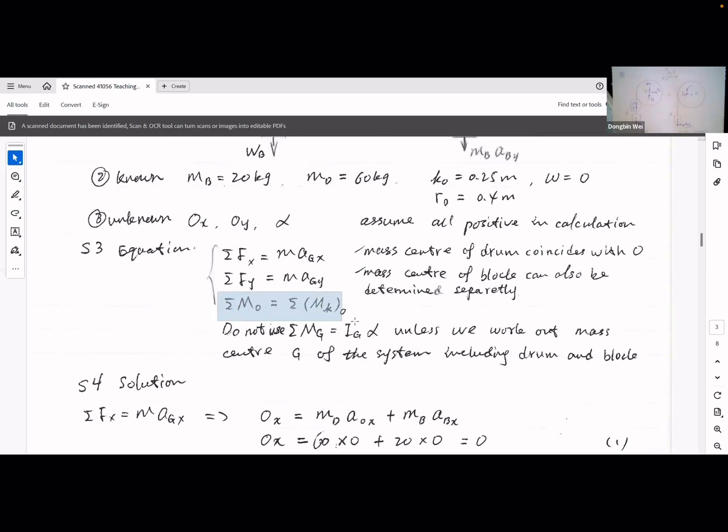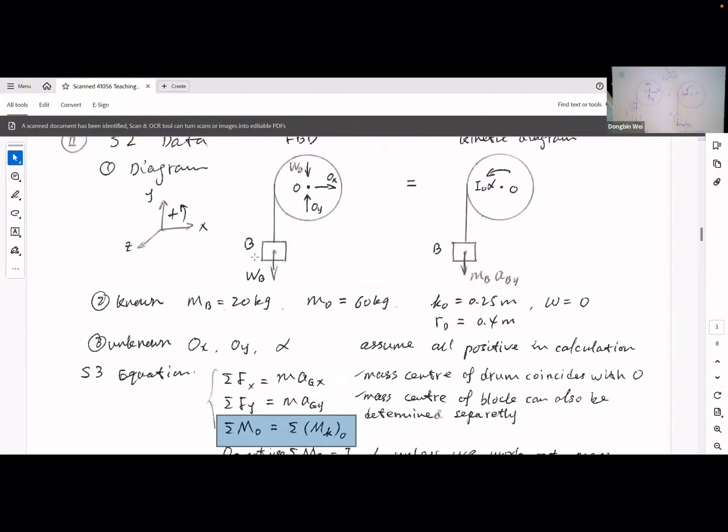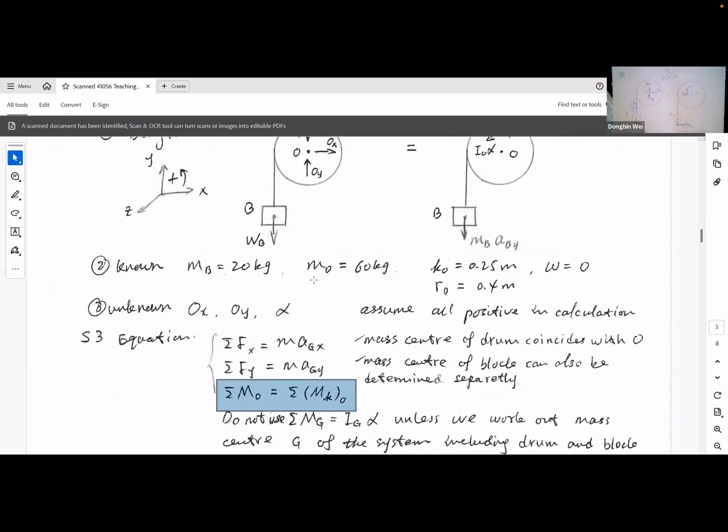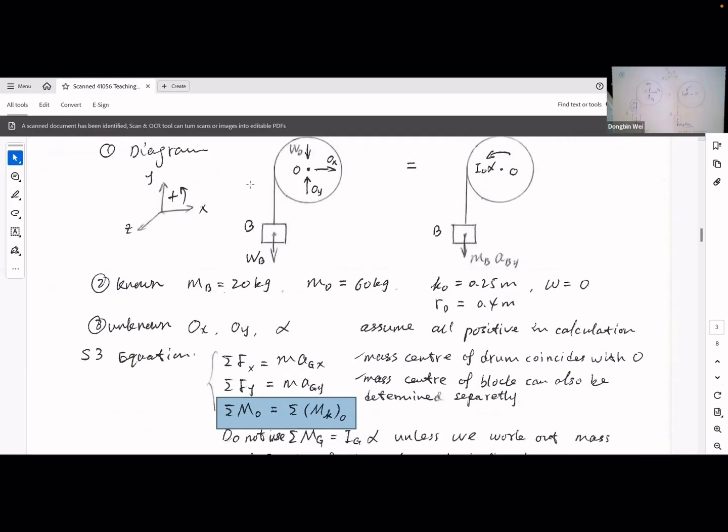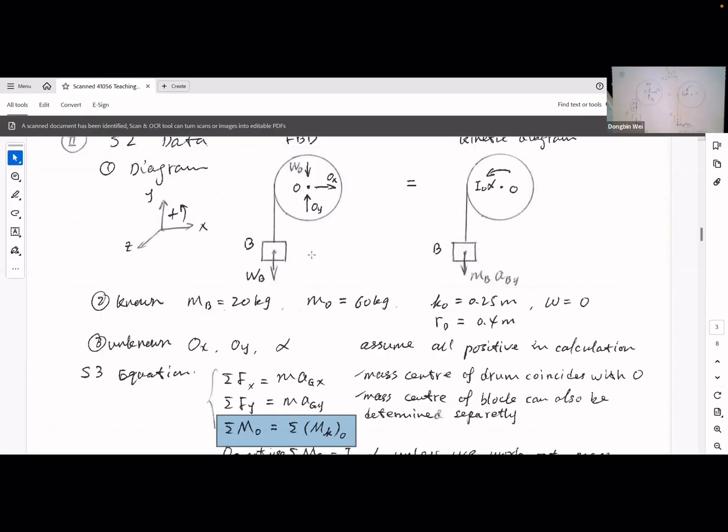For the rotation component, for this problem, we will use O for our calculation. Can we use G, the mass center point of this system, for our calculation? Theoretically, you can, but the issue is you don't know the location of the G, the mass center point of this system. And also it's unnecessary to know that.